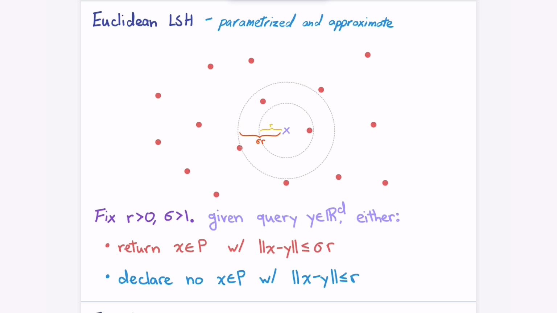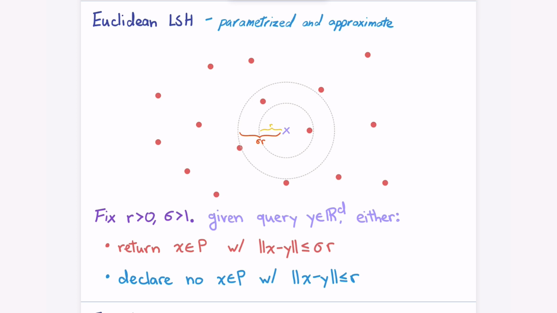And then I have some approximation factor sigma, like 2. So I can either return any point within 2r or declare there are no points less than r. Here, we're going to let sigma be a parameter, and you'll get bounds if you wanted 1.1 or 1.3 and things like this.